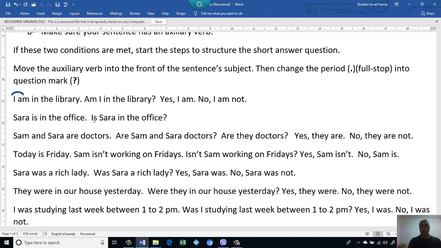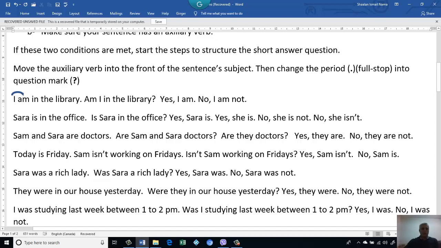Then question mark. Then yes, you could say yes, she is. Or you could say no, she is not. Or sometimes you could say no, she isn't.